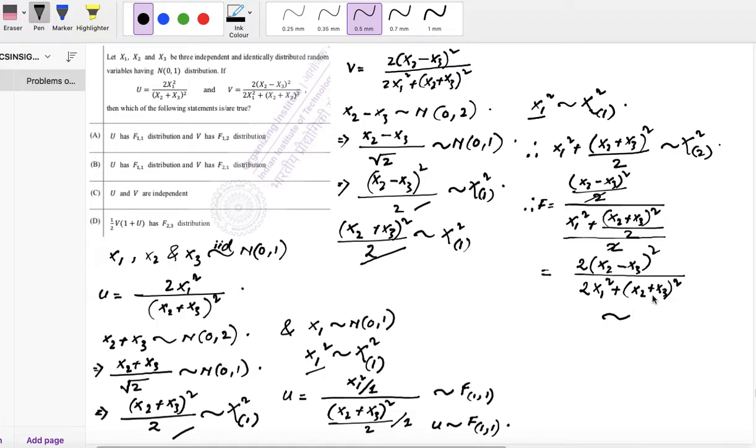Now here it is 1 and here it is 2, so this follows F with (1, 2) degrees of freedom.